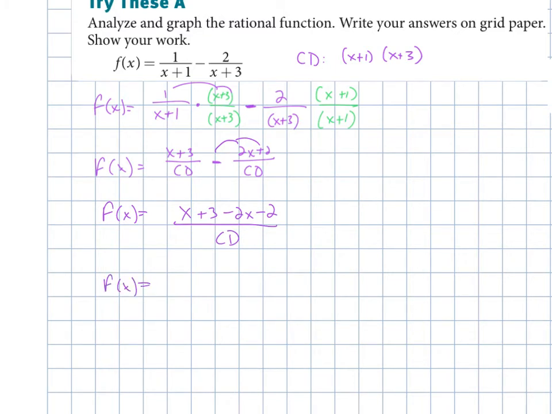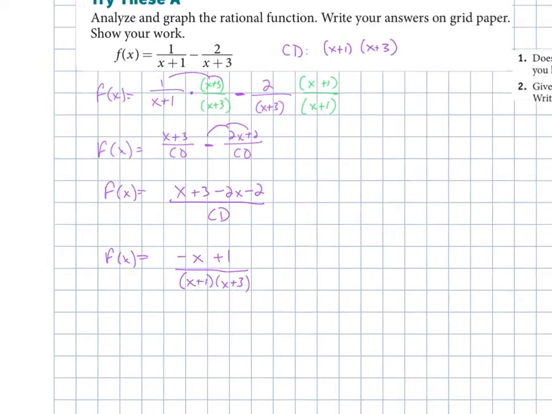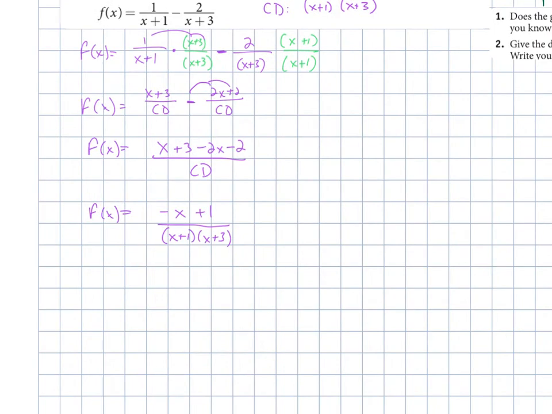And then f of x equals negative x plus 1 all over my common denominator of x plus 1, x plus 3. Even though these are very similar here, they are not going to divide out to create a hole because I have that negative with the x. The negative is not with the whole thing, it's just with the negative x at this point.